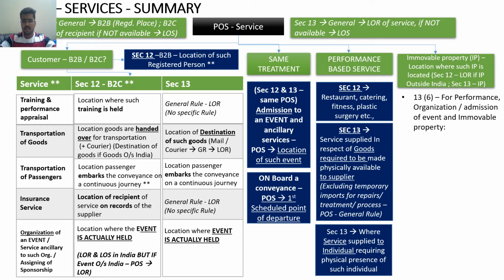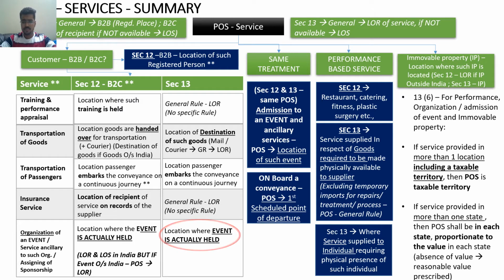There is one thing which we need to see now. The 13 subsection 6, guys. What section 13 subsection 6 says is, if I can say 13 subsection 2 was the general rule. So this is 13 subsection 2, the general rule, location of recipient, and then you have 13.3, 13.4, 13.5, right?